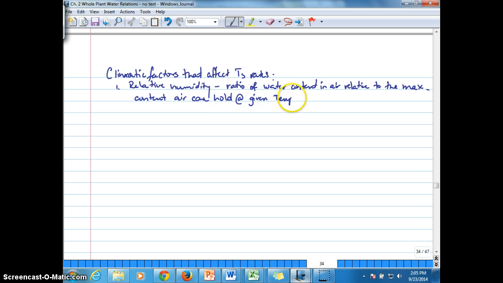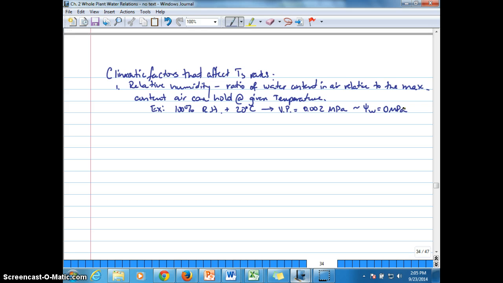So, for example, at 100% relative humidity, abbreviated RH here, and 20 degrees Celsius, the air has a vapor pressure of 0.002 megapascals, which is equivalent to a water potential of 0 megapascals, such as we see, as we've talked about, say, in a beaker of water.